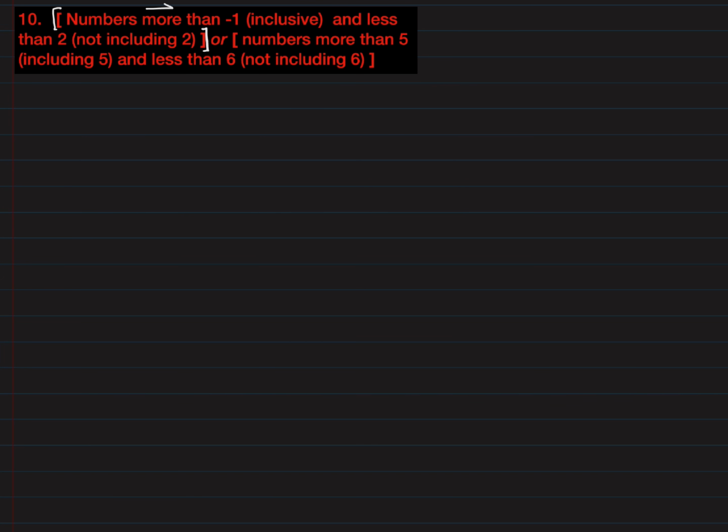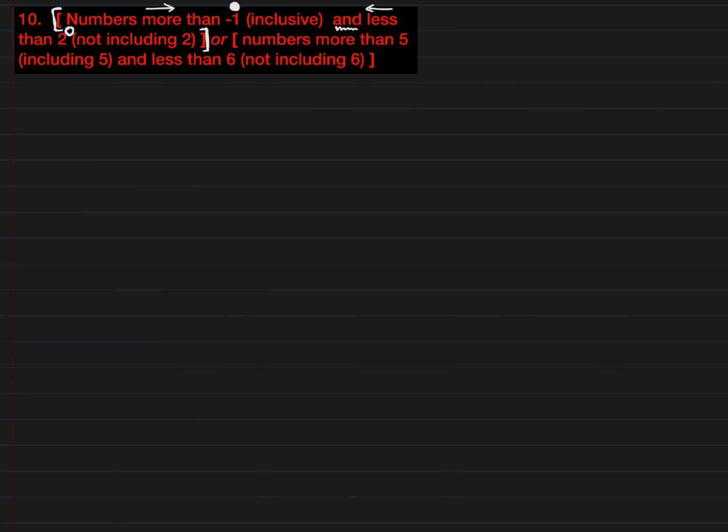So over here, and this one is included. And so we have and over here, which means that both of these statements within this interval must be true. So we have and less than 2, and 2 is not included.